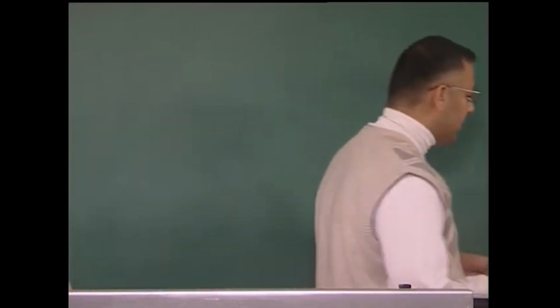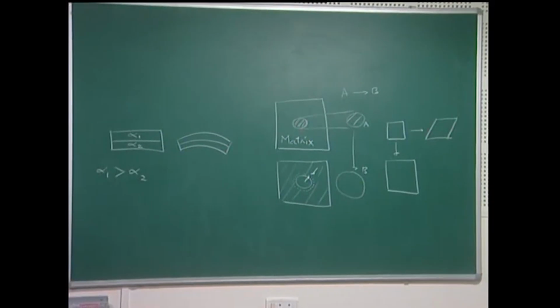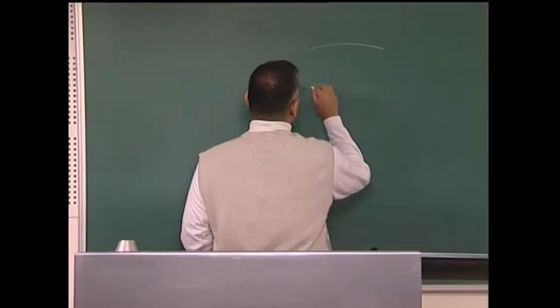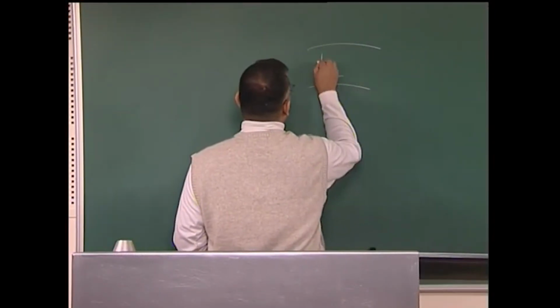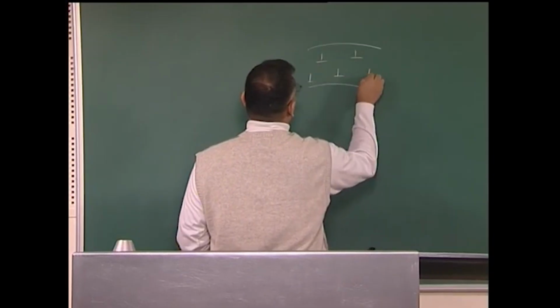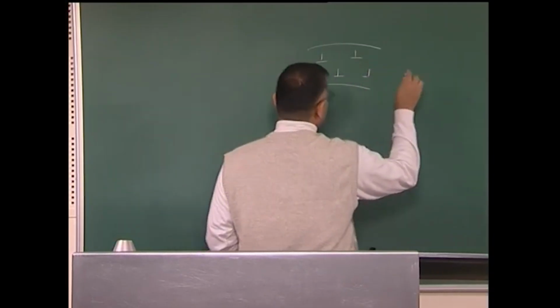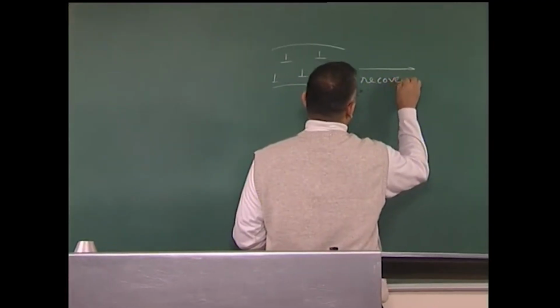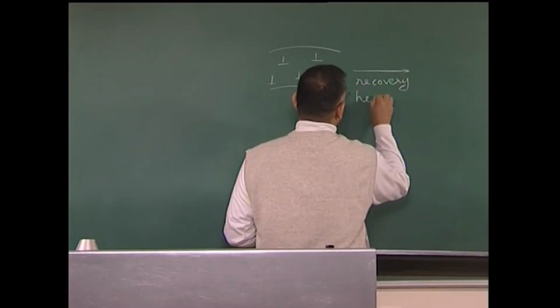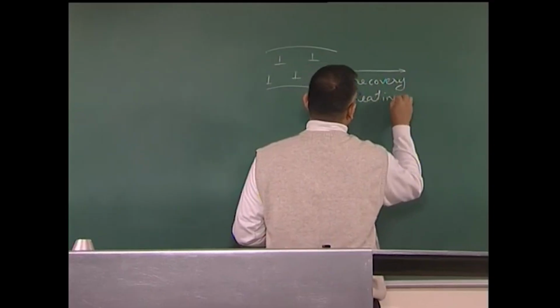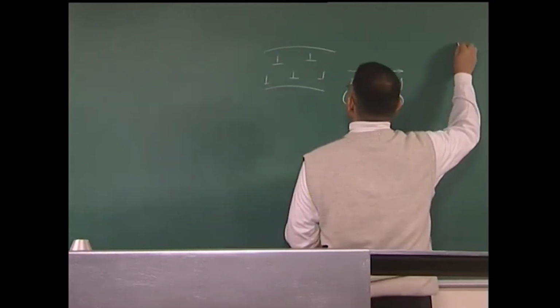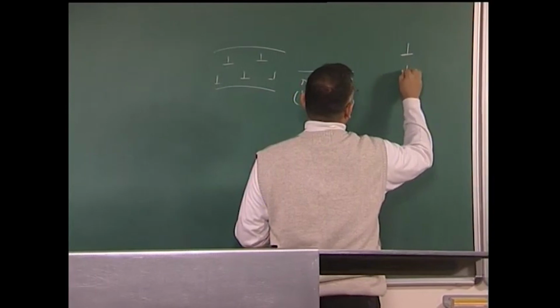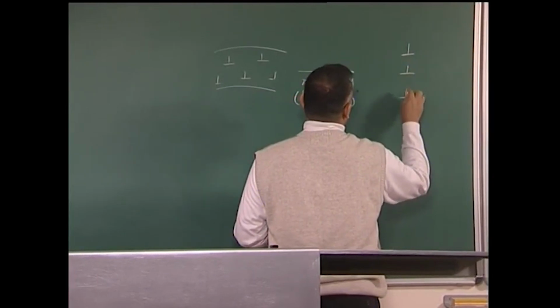So, I will just draw that figure once again to remind you. Suppose I had a bent crystal in which there are dislocations sitting randomly in the crystal. If you do a recovery heating process, then these could come together and arrange in the form of a low angle grain boundary.